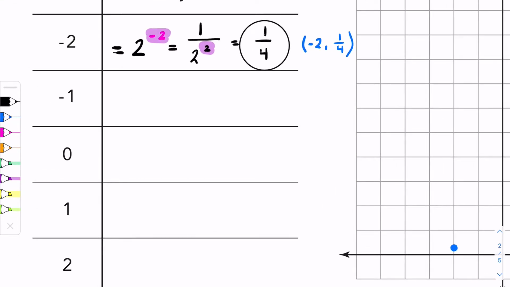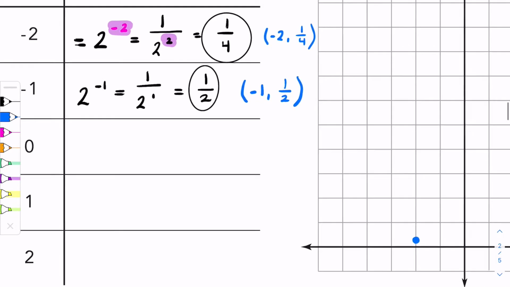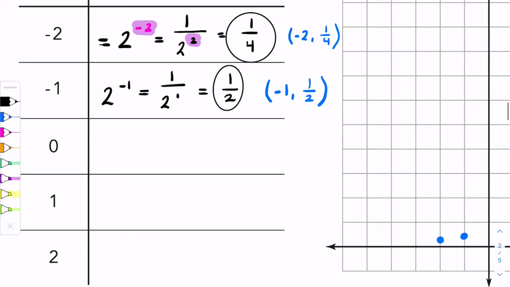Next, we're testing -1. 2 to the power of -1, we can rewrite that as 1 over 2 to the power of positive 1, or 1/2. If 1/2 is our output, our ordered pair is at -1, 1/2. Two to the power of 0.